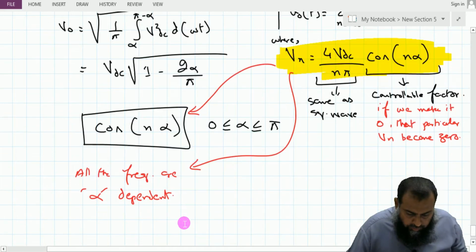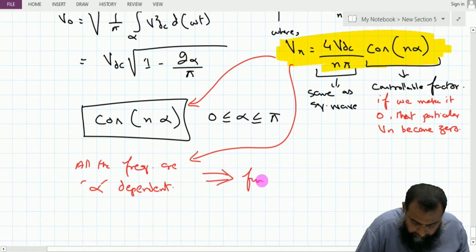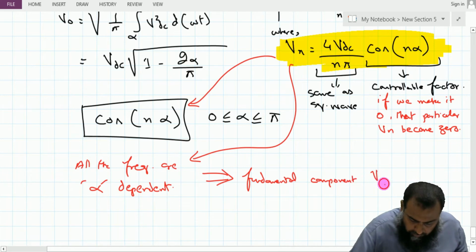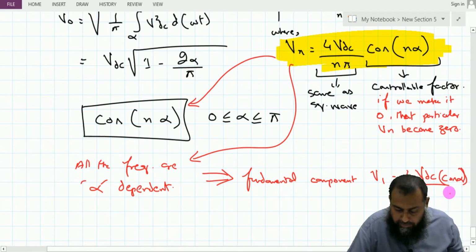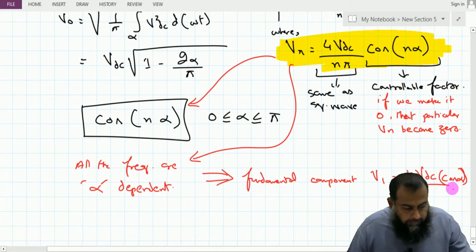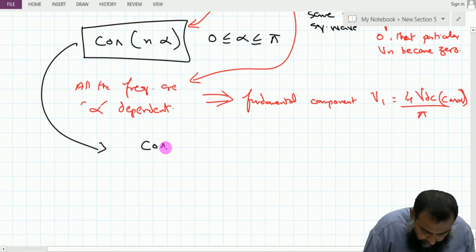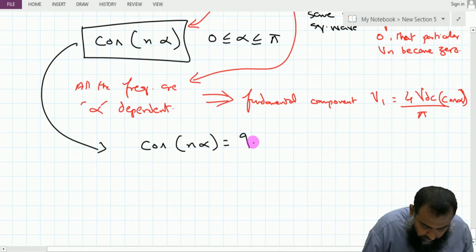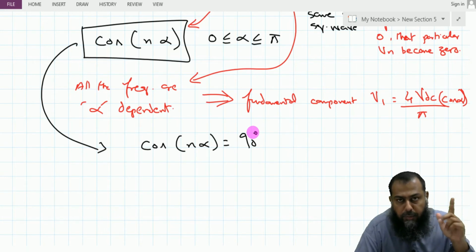The fundamental component V1 becomes equal to 4 VDC over pi into cosine of alpha, so the fundamental component also depends on this alpha. To target any particular harmonic, this cosine n alpha should be equal to 90 degrees, because at 90 degrees this cos function becomes equal to 0, thereby eliminating that particular harmonic content.